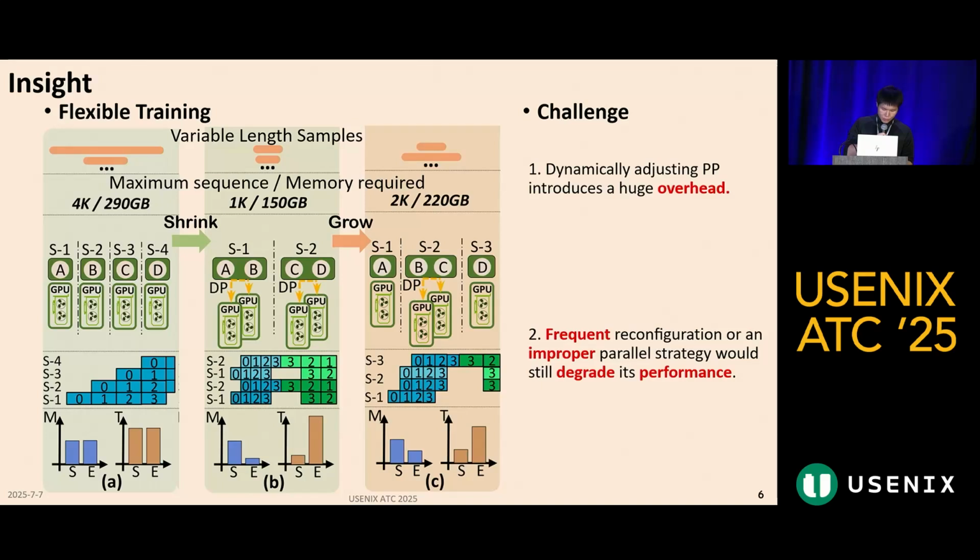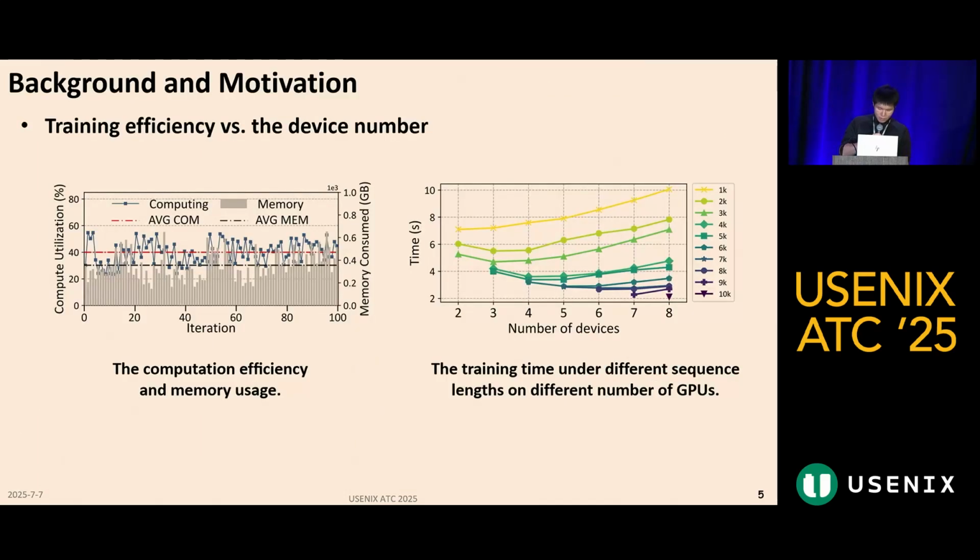However, existing distributed frameworks typically use a fixed number of devices with a static parallel strategy based on the maximum sequence length to avoid out-of-memory errors. The left graph illustrates the computation efficiency and memory usage when training GPT on variable length inputs.